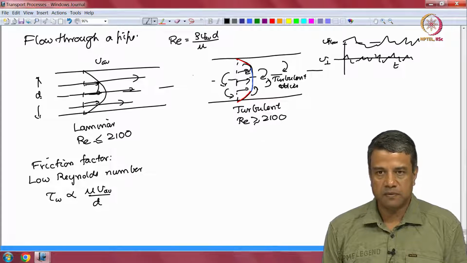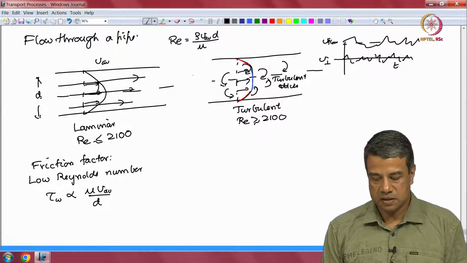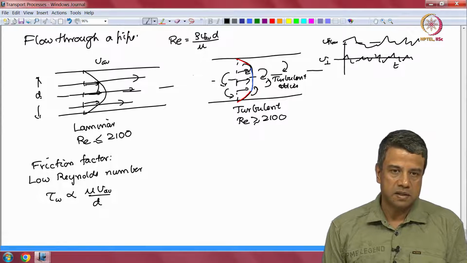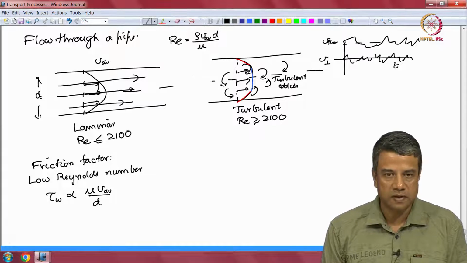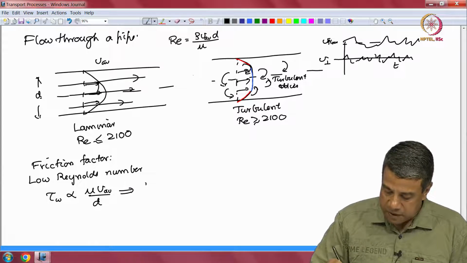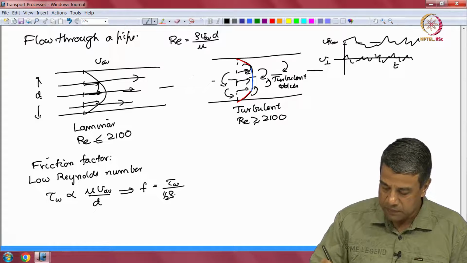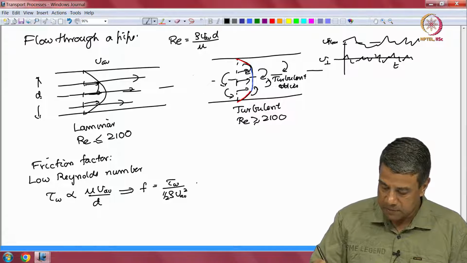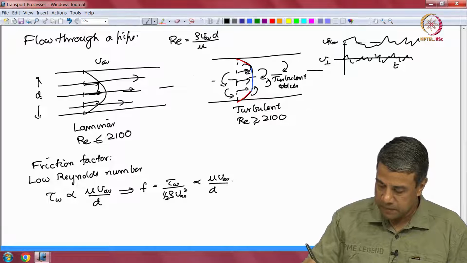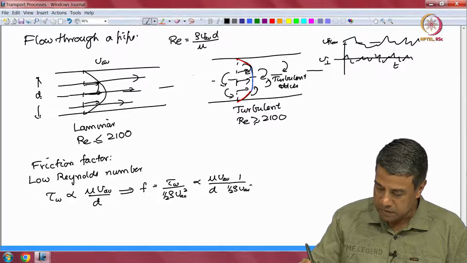For a pipe flow when inertia is not important, the only parameters that can affect the wall shear stress are the viscosity, the velocity and the diameter, and based on dimensional analysis the wall shear stress has to be proportional to mu V average by d, which means that the friction factor, equal to tau w by half rho V average square, will be proportional to mu V average by d into 1 by half rho V average square.